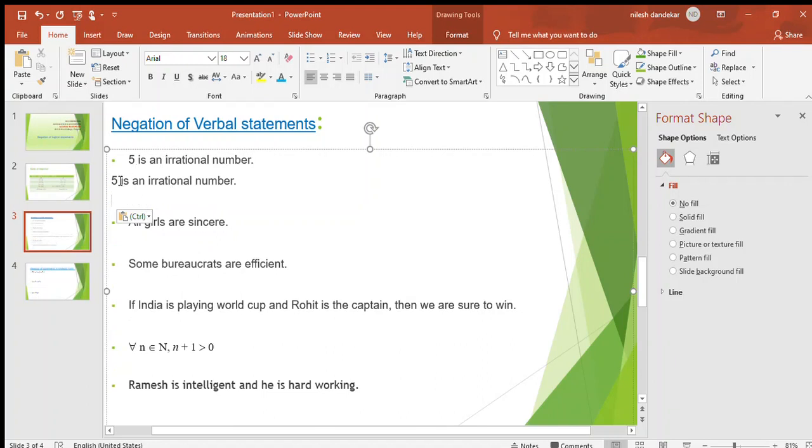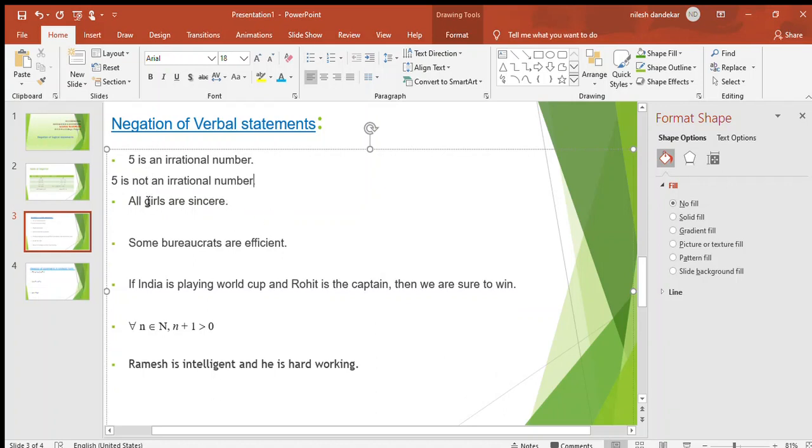If it consists of not, remove it. If there is no not, add it. So 5 is not an irrational number is nothing but its negation.